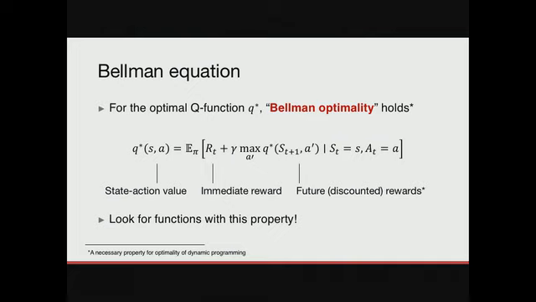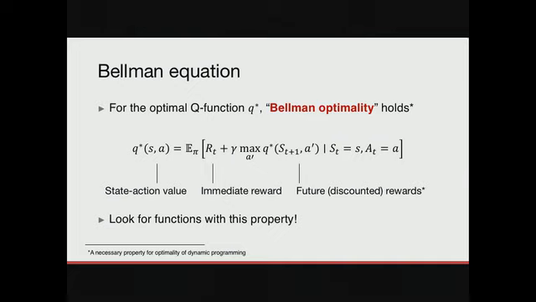Remember, Q star assigns a value to any state action pair. So we have Q star here, we have Q star here. This thing here is supposed to represent the value going forward in time after I've made this choice, action A in state S. So if I have a good idea of how good it is to take action A in S, it should both incorporate the immediate reward that I get, that's R_t, and how good that choice was going forward.